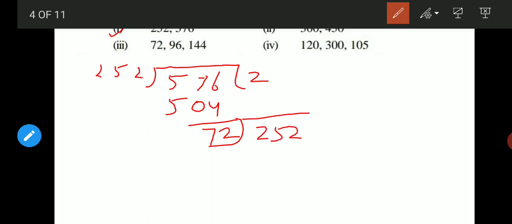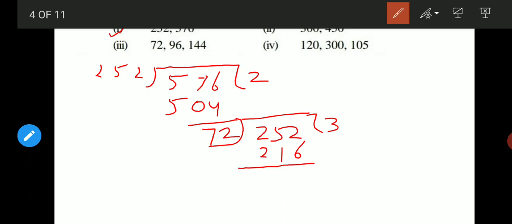Now 72 divides 252. It will be 3 times. 3 twos are 6 and 3 sevens are 21.